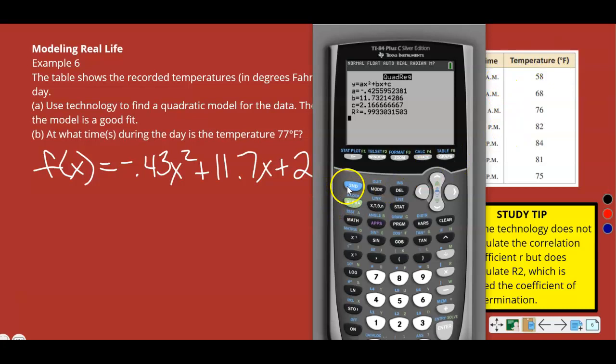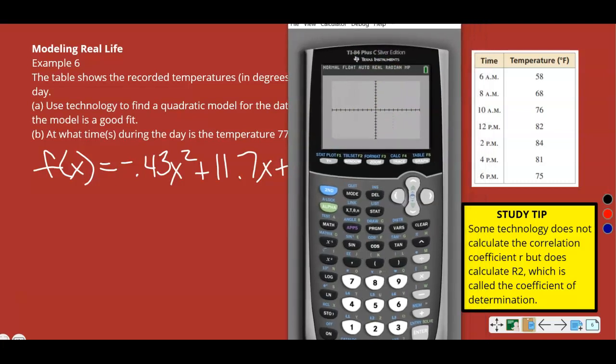If you want to see what the points from your table look like, do second Y, which is your stat plot, and you want to turn on your stat plot. This is going to give us a normal 10 by 10 window. The numbers we put in here go by hours, so this would be up to 24.